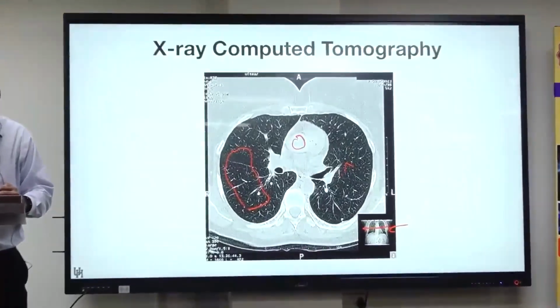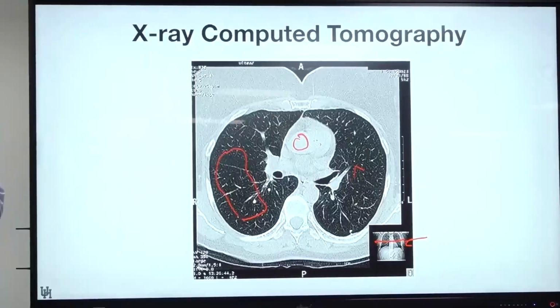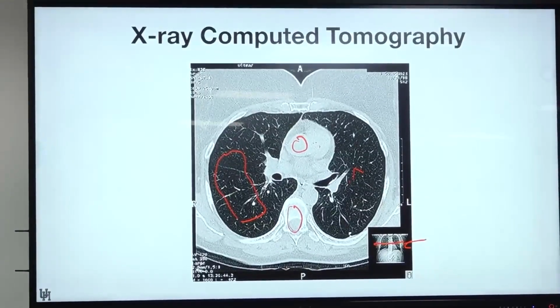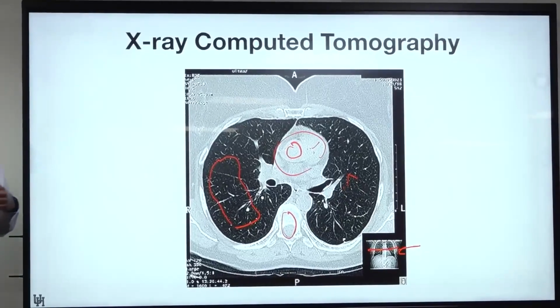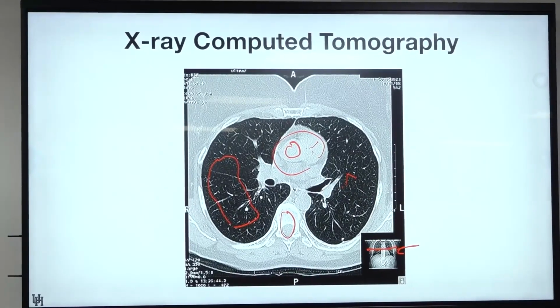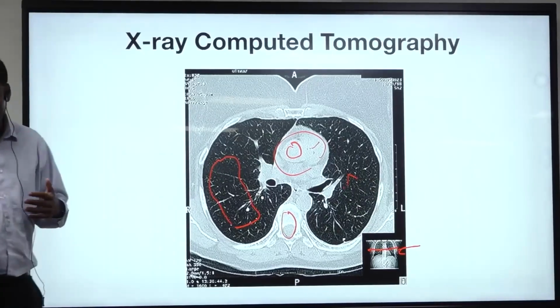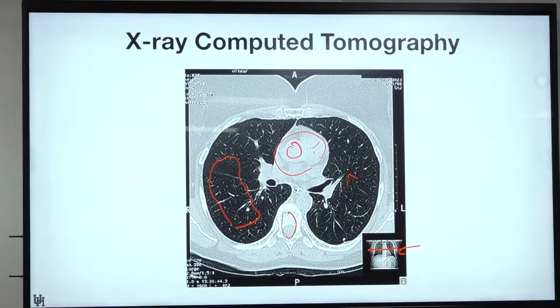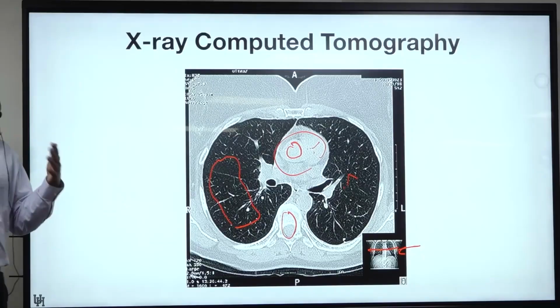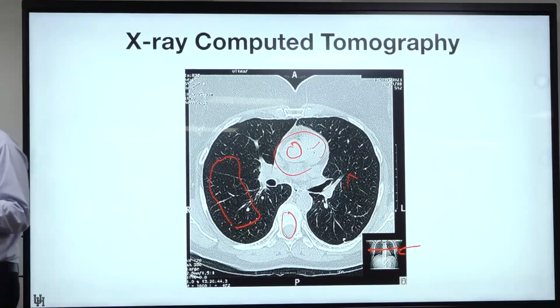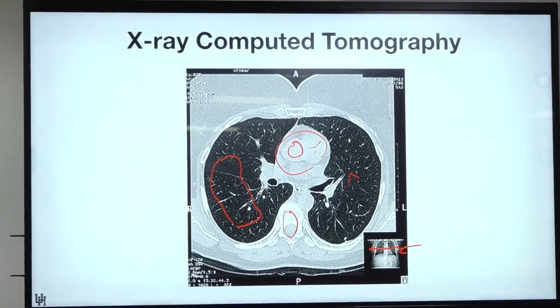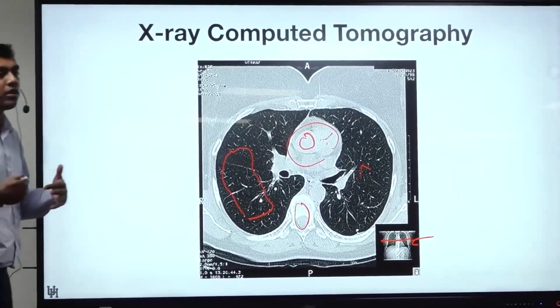This is the spinal cord, and this is the heart here, and so on. Basically, there are different organs which you can see, not just the bone. Although we are using X-rays, with this three-dimensional volumetric reconstruction you can see all the other organs inside the body.